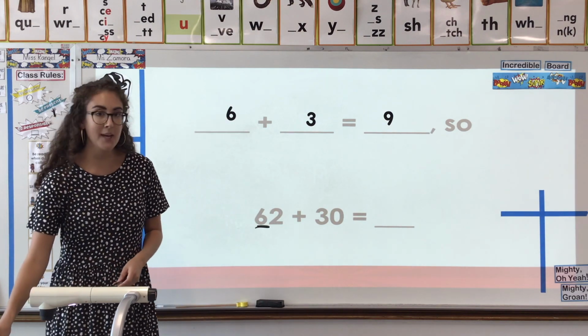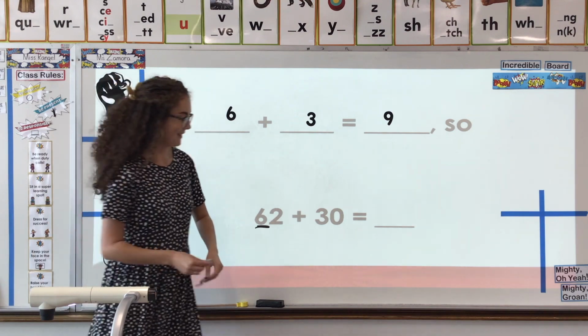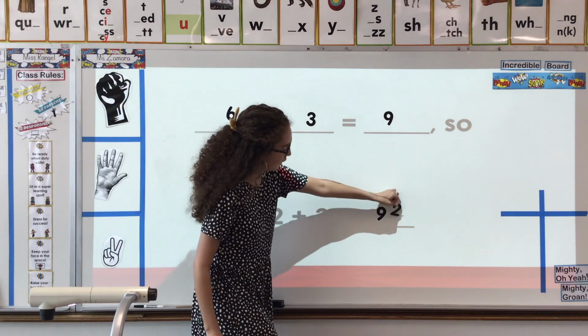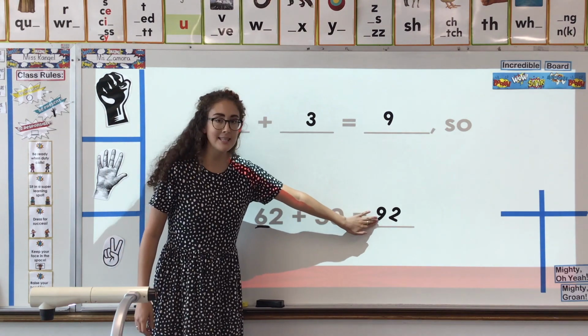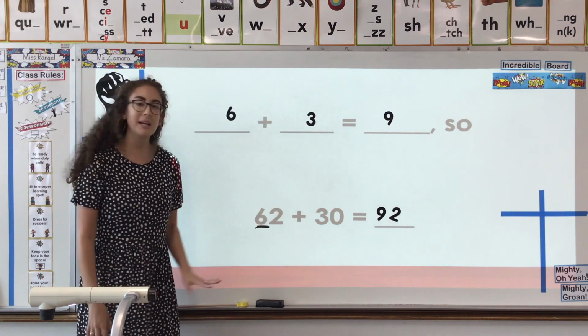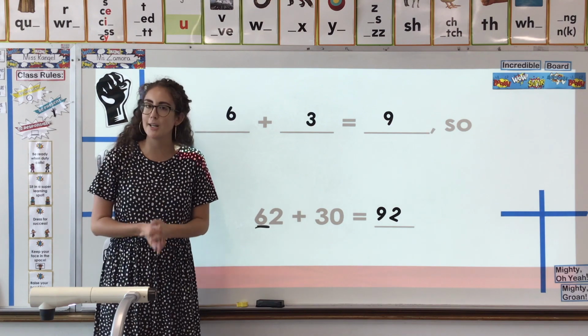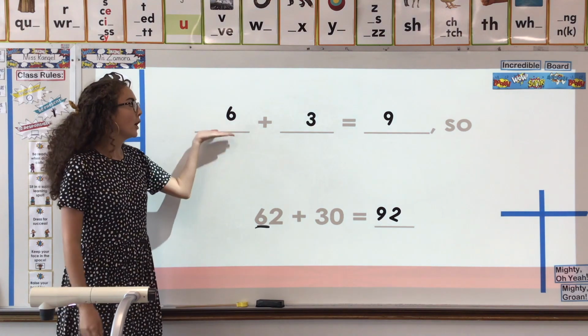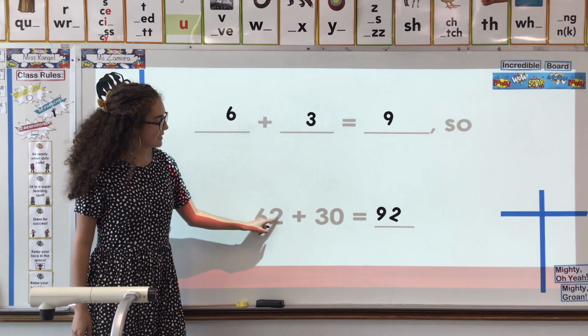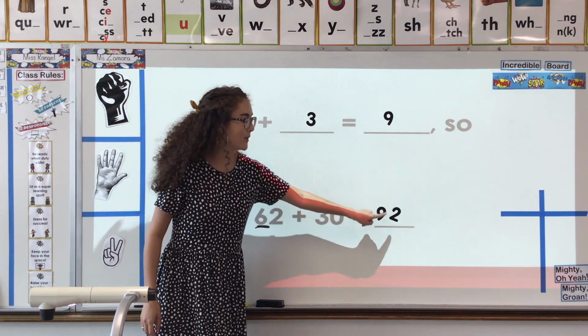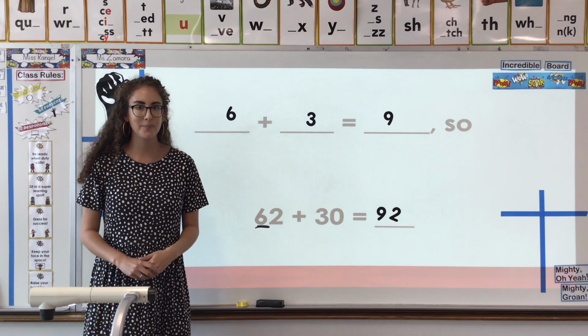So that will be 92. Our 90 from our 9 tens, and our 2 because we just left our ones alone. So 6 plus 3 equals 9, so 62 plus 30 equals 92.